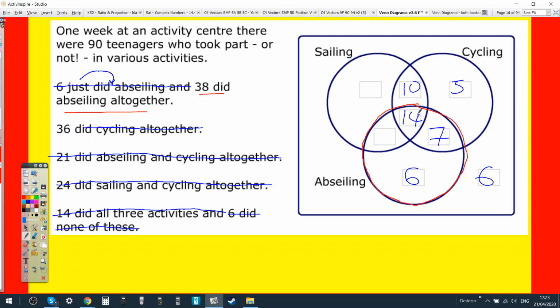So this adds up to 7, 14, 21, 27. So that's 11. Okay, we've got one left. How do we get that?